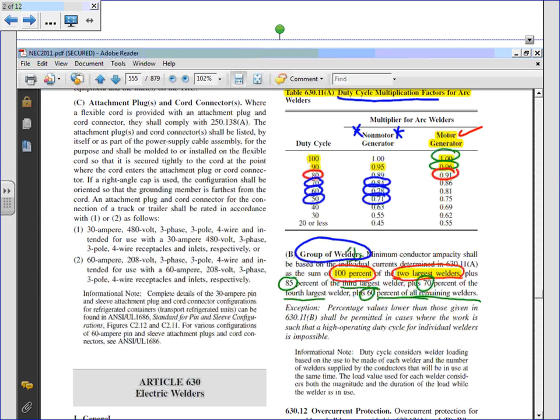For the group factor, the first 2 are at 100%, the third one at 85, the fourth one at 70, everything else at 60. And then you go by the cycle. What does the cycle mean and how does it work and all this stuff? Care less. I look at the nameplate. If this is the cycle, if this is the motor generator, if this is the rated amp on the nameplate, that's how I size it.